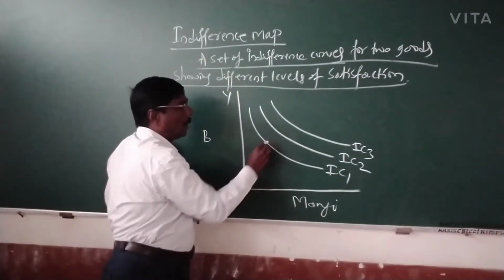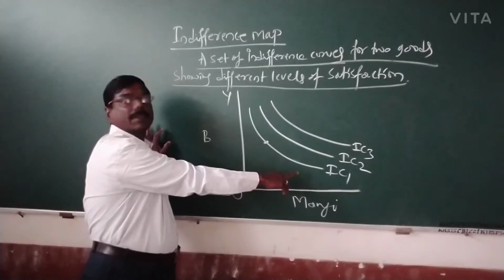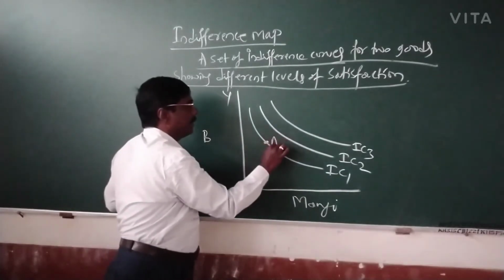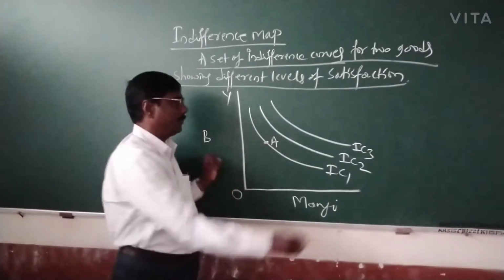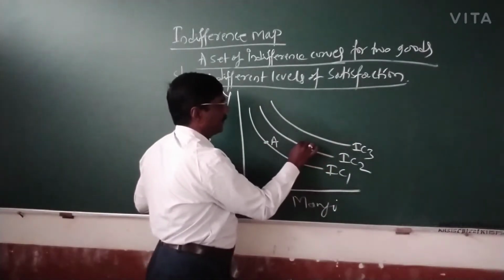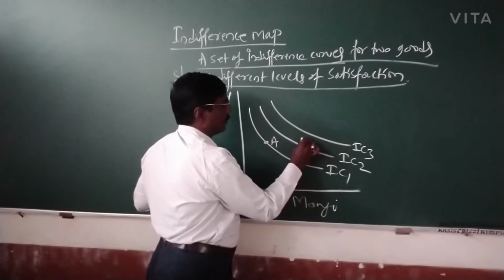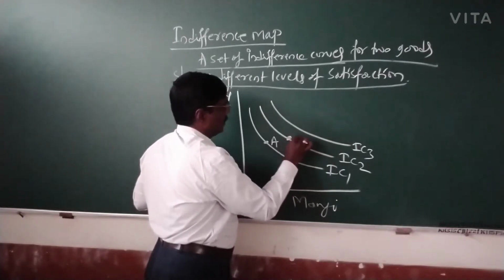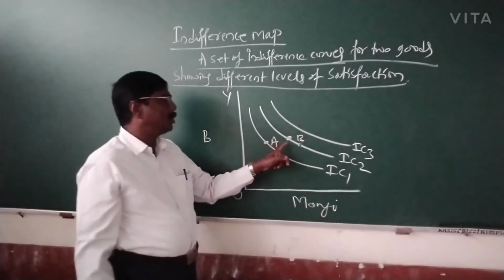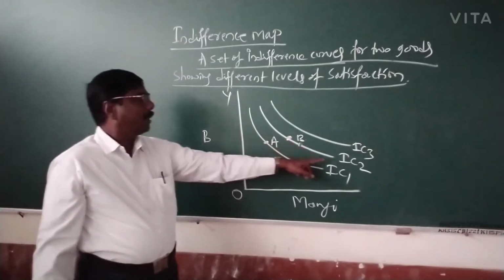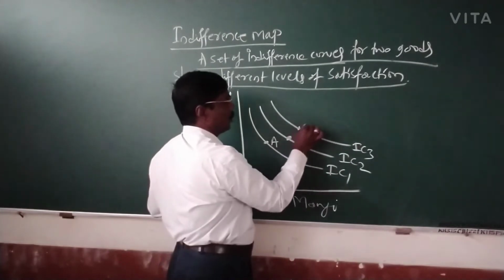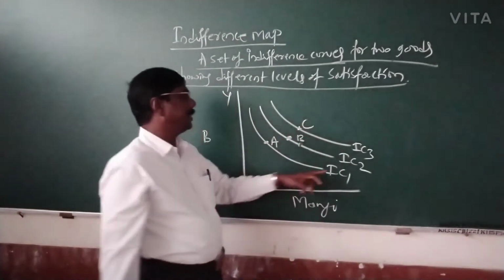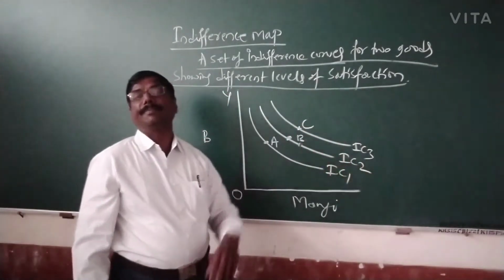On IC1 there is a combination A. Next we have the B combination, which lies on IC2, and the C combination, which lies on IC3.